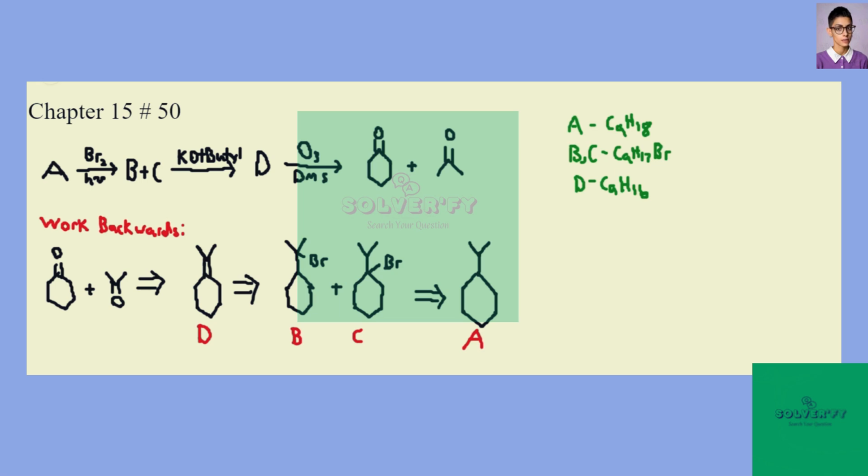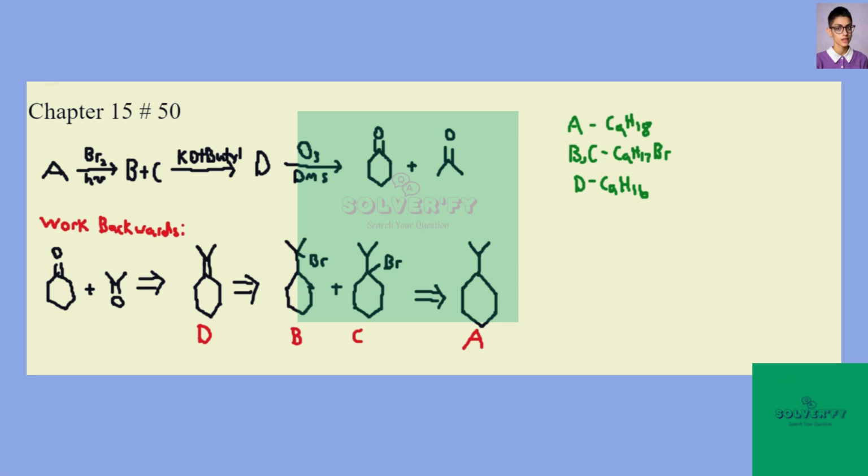So we know that A is an alkane, a cyclic alkane. Probably a monosubstituted cyclohexane. And we should know that free radical bromination is going to add a bromine to that alkane. But we don't know exactly what the alkane is.